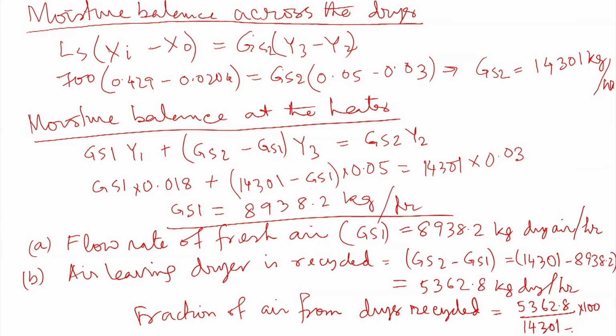That comes out to be 37.5%. So this is another answer. Now we need to do the enthalpy balance over the heater, for problem C, the theoretical steam requirement. For that we do the enthalpy balance over the heater.